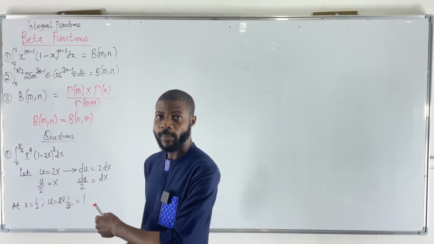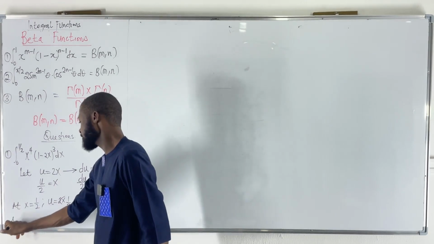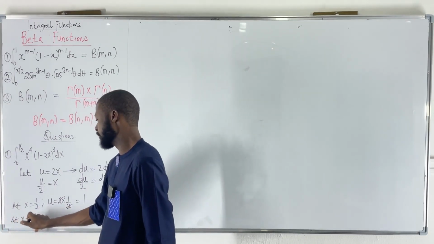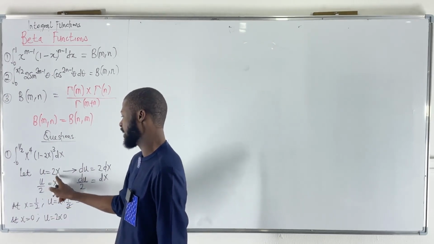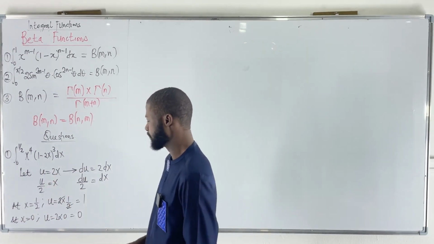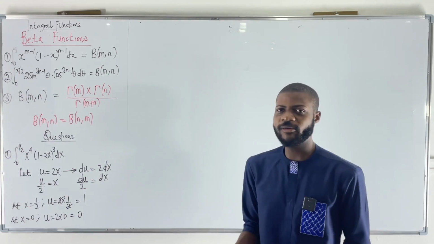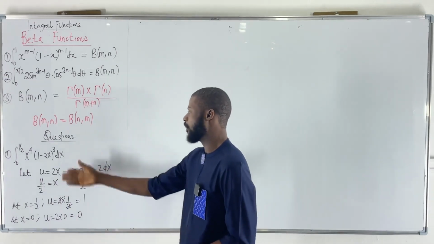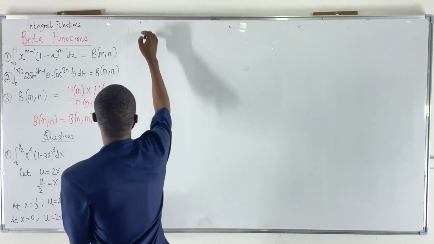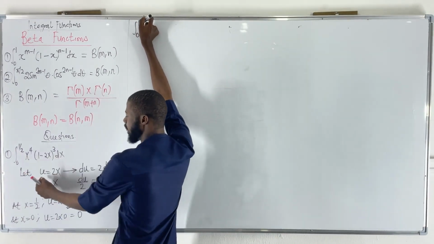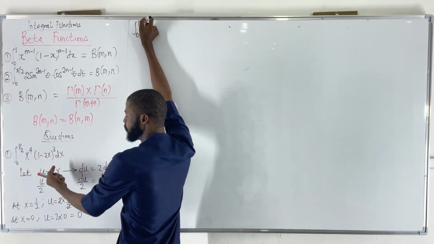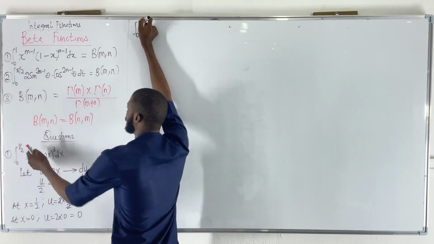So that's the new upper limit. Now at x equal to 0, u will become 2 times 0, and that's 0. As you can see, it's kind of coming together to become what we already know. So this will be the integral from 0 to 1, since we are replacing every single x with u.